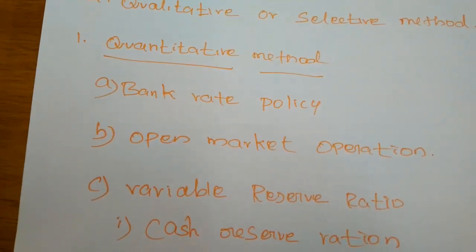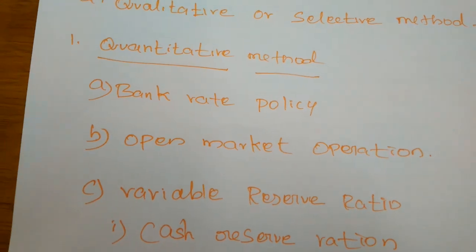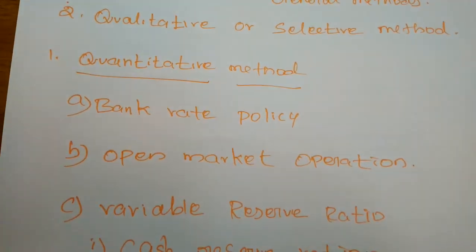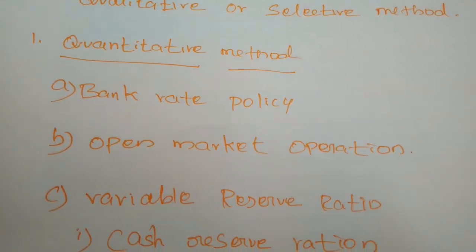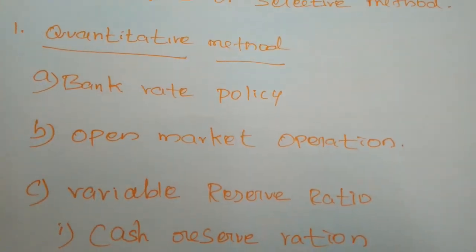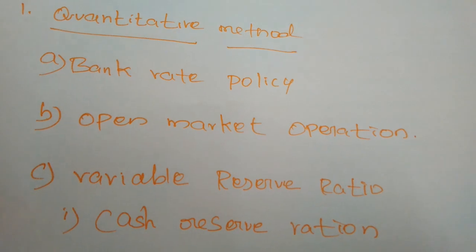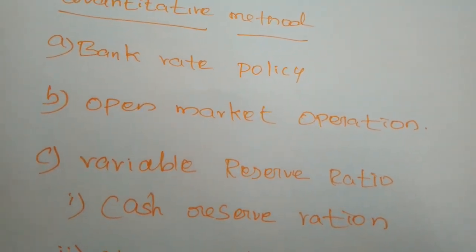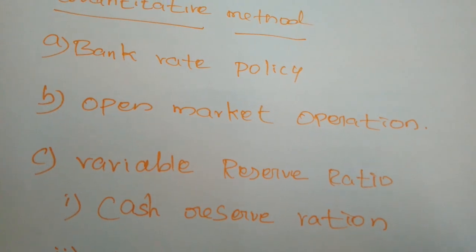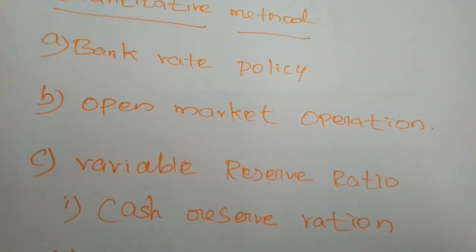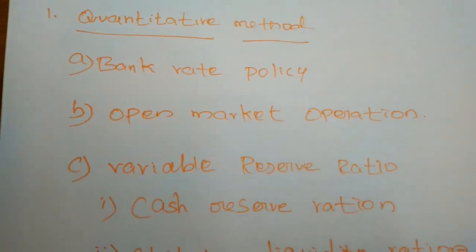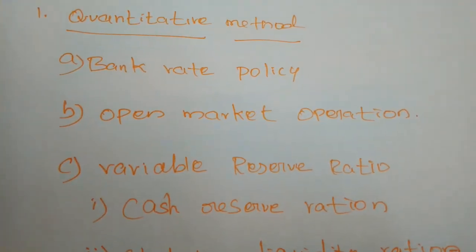The bank rate is the rate at which the central bank of a country is prepared to rediscount first class securities. Otherwise, simply we can understand the bank rate is the rate at which the central bank will provide finance to the commercial banks, and the Reserve Bank of India determines the bank rate.